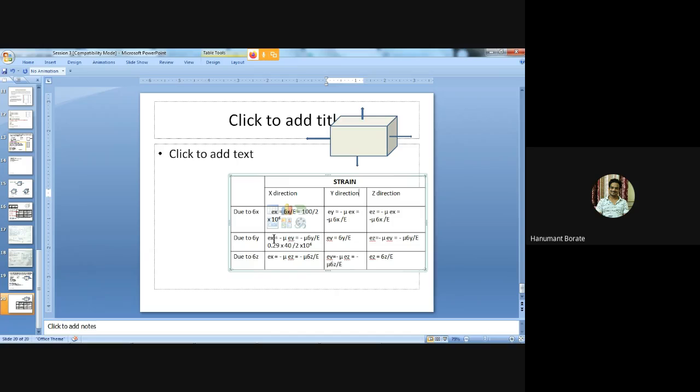Due to sigma y, Ex equal to minus mu into Ey, equal to minus mu sigma y by E. Now due to sigma z, actually sigma z is absent here, so we need not do the calculation for this term.